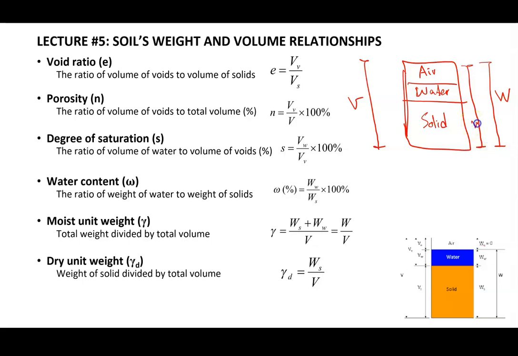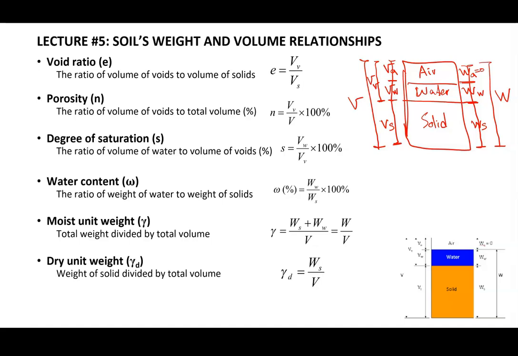We also have weight of solids, weight of water, weight of air, which is 0, volume of solids, volume of water, and volume of air. Volume of air plus volume of water is called volume of void. And then we have these formulas which provide a relation between weight and volume of soil and soil's components.